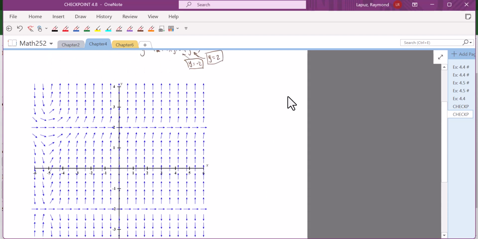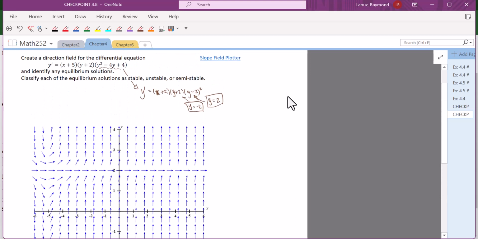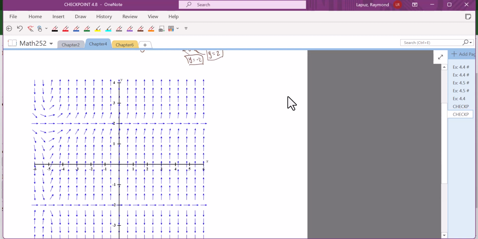So with this graph here, looking for equilibrium solutions, if we choose a starting point that is less than -5, then things might happen. It might go up.